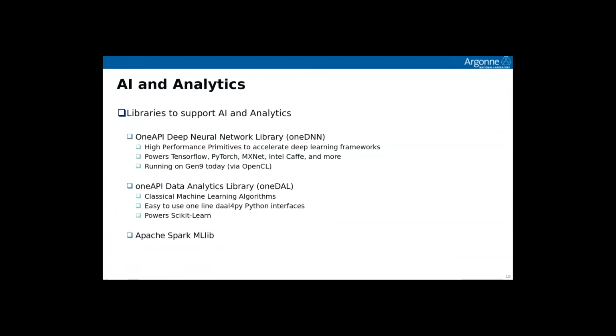In addition, libraries will be provided to support data analytics and machine learning workloads. And it's very important to understand that while many applications will use parallel programming models directly and implement many of their important kernels that way, they'll also depend on these provided math libraries for getting high performance on the system.